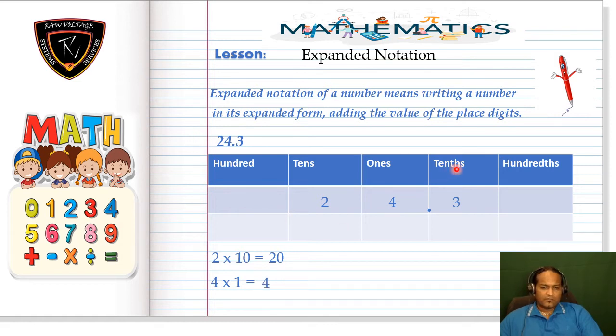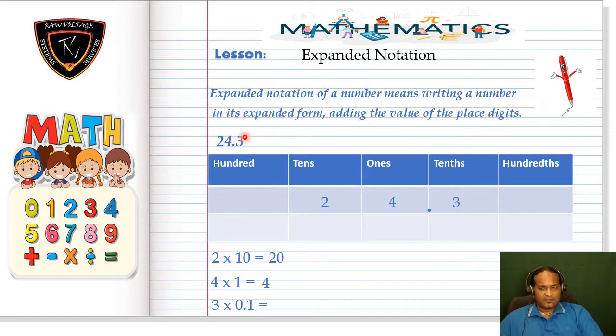Now we have this 3 in the tenths place. So what exactly is the tenths place? Well, it's just like these, but it's 3 multiplied by 0.1, because we have to use the point here.